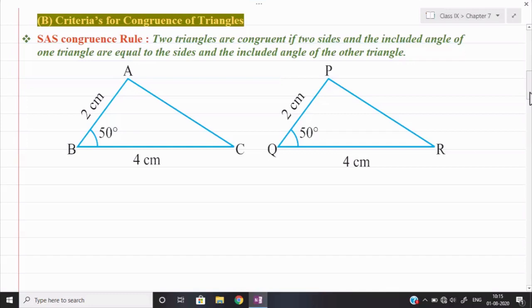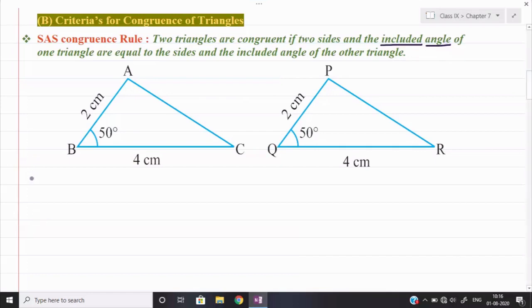First, we shall read the statement here. 2 triangles are congruent if 2 sides and the included angle of one triangle are equal to 2 sides and the included angle of the other triangle. Here the thing we need to mark is: included angle. I will make it clear. See, you are looking at 2 triangles over here.